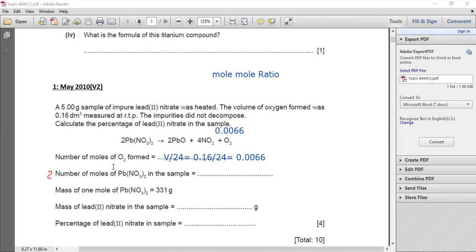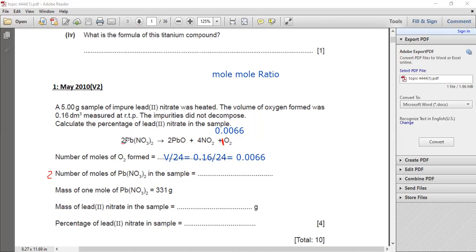Number two, he is asking me about the number of moles of PbNO3 by 2. So I will use mole ratio. What is mole ratio? Before oxygen, is there a number here? No, so it means 1. Before PbNO3 by 2, is there a number?